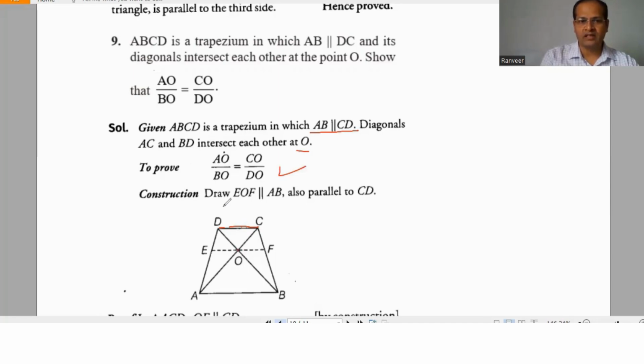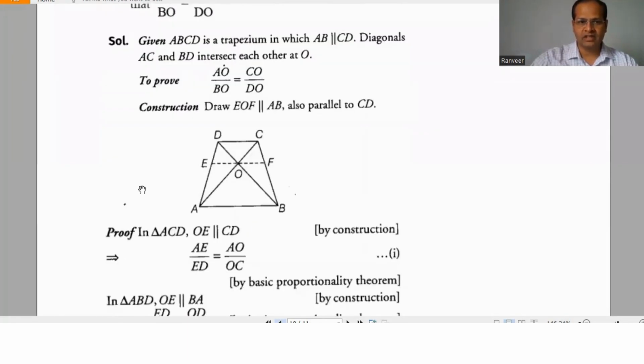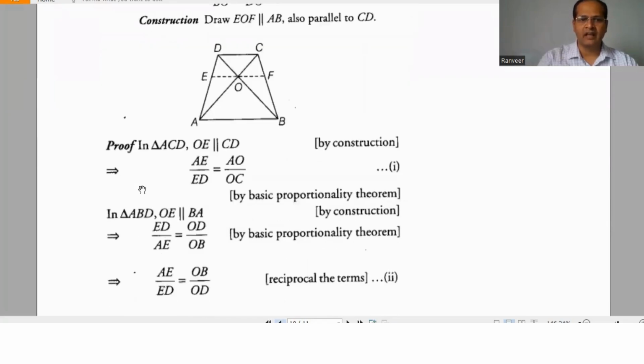Now we have to do one construction, draw EOF, which is parallel to AB and parallel to CD. Once we do this construction, in the triangle ACD, OE is parallel to DC.